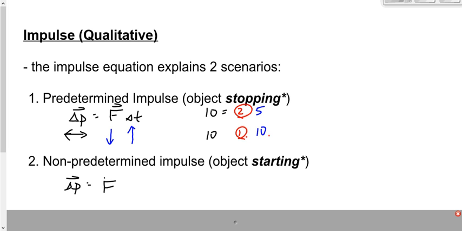Well, because if I increase the force, then what's going to happen to the impulse? As force goes up, impulse goes up. Impulse is not predetermined, I can change impulse. I can make impulse bigger or smaller depending upon what I do. It was predetermined when the object was stopping, but when I'm starting, I control what the impulse is.